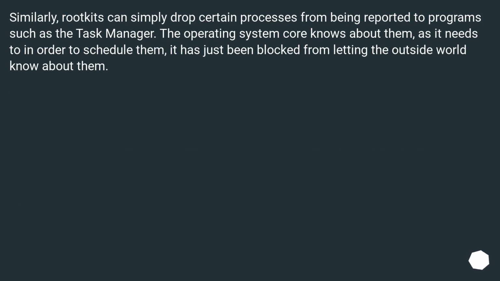Similarly, rootkits can simply drop certain processes from being reported to programs such as the Task Manager. The operating system core knows about them, as it needs to in order to schedule them. It has just been blocked from letting the outside world know about them.